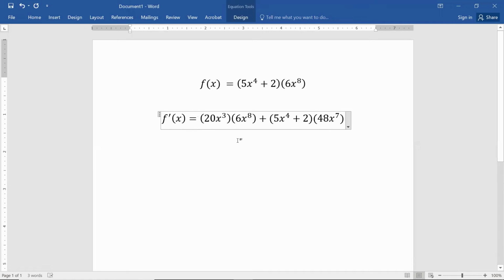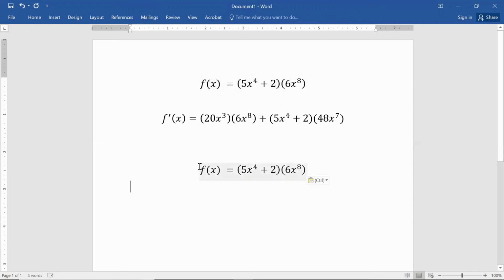Now, this one you could have actually done using not just the product rule, but algebraic rules of multiplication of polynomials. So let me show you what I mean by that. Let's rewrite f of x into a single polynomial.